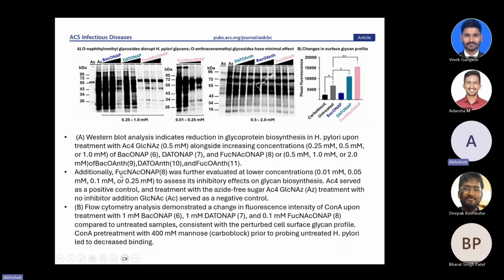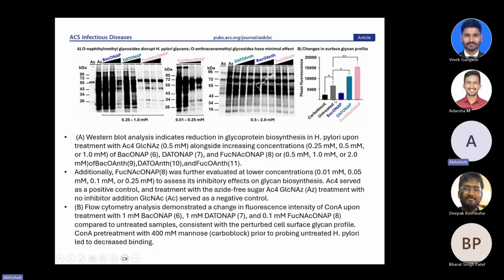And he mentioned that this FUC NAC O-Naphthyl was further evaluated at lower concentration, 0.01 millimolar, 0.05 millimolar, and 0.1 millimolar, and at 0.25 millimolar, to assess its inhibitory effect on glycan biosynthesis. This AC4 served as a positive control, and a treatment with the azide-free sugar AC4 glucanase AZ treatment with no inhibitor additions, and this glucanac AC served as a negative control.